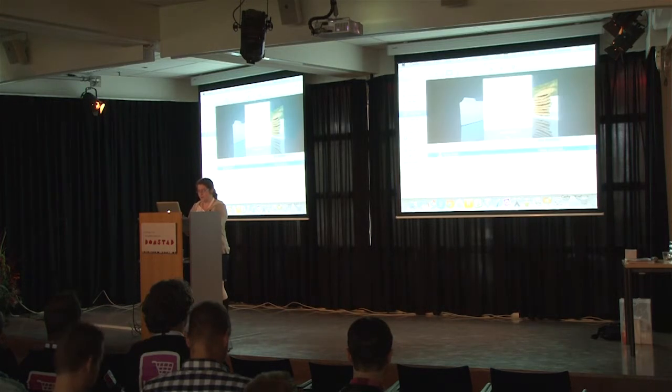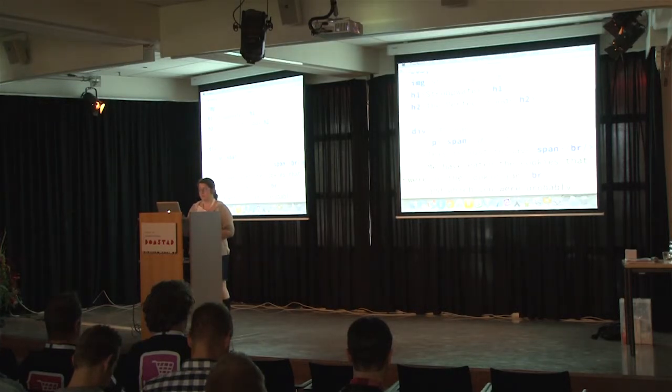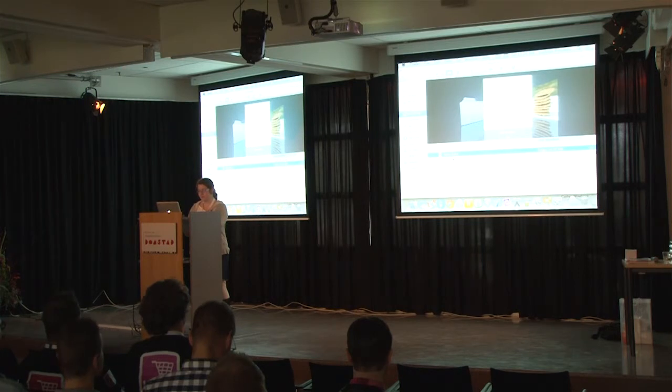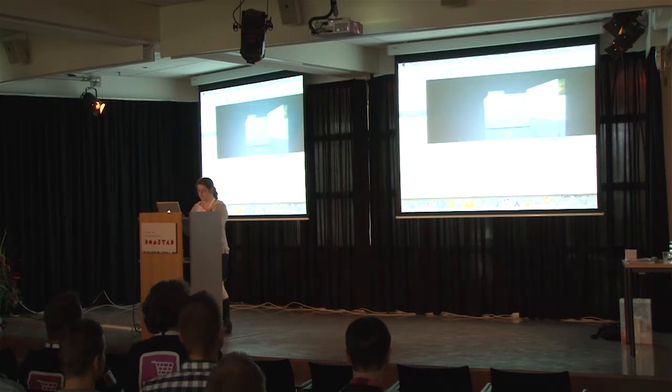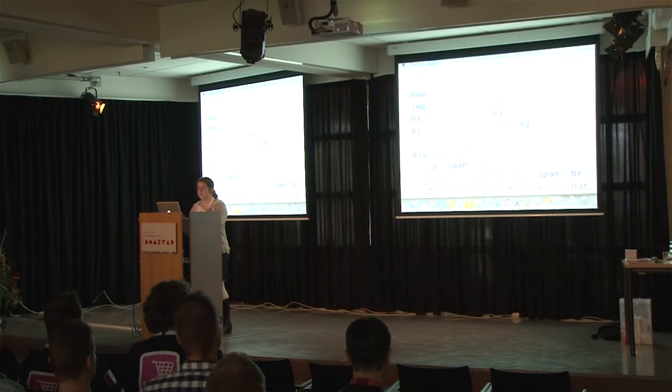So let me show you the file structure that I have set up. Right now, there is the index.html file, which I have open here in TextMate, and the image. And actually, we need to create a style sheet. New, styles.css.